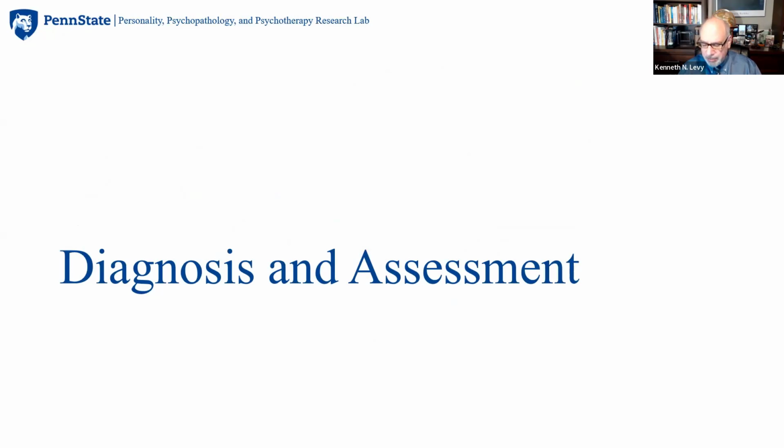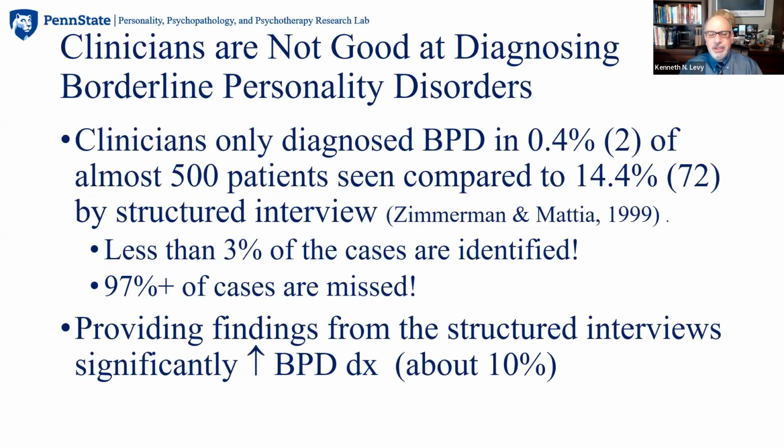Because what's important here is it turns out clinicians are not good at diagnosing borderline personality disorder. This is a large study done by Mark Zimmerman, where they looked at 500 patients who were seen in the outpatient clinics at Brown University's hospitals.